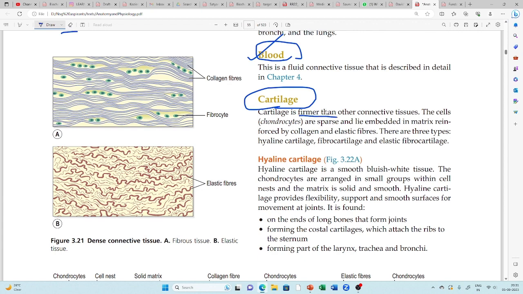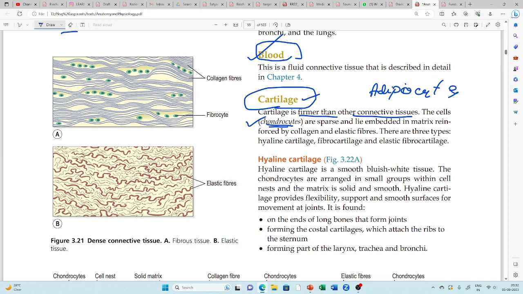It is firmer than other connective tissues. The cells in cartilage are known as chondrocytes. Cells in fat tissue are called adipocytes, as we studied in adipose tissue, and cells in cartilage are called chondrocytes. They are arranged separately, not closely packed, with a space between the cells.